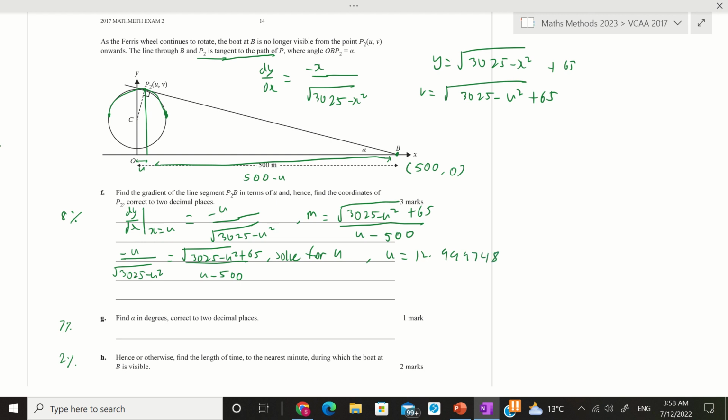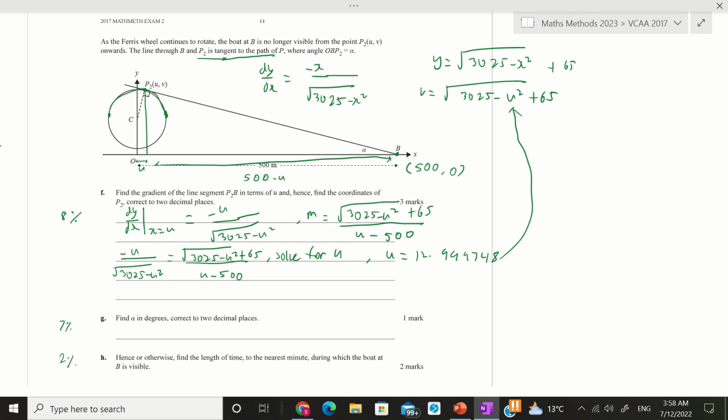So that's what my x coordinate of P2 is, right? And then to find the y coordinate, all I really have to do is sub in this point u here. So I want to find v, right?